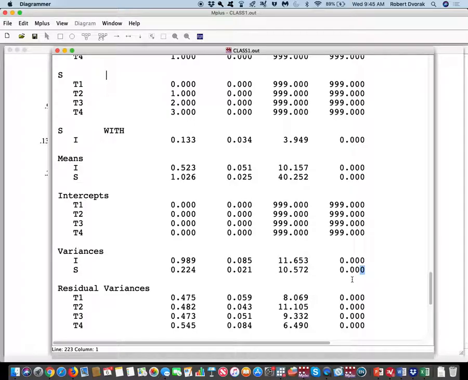So if a person starts at 0.5, their slope is 1.02. If a person starts at 1.5, their slope should be, assuming that our scale is 0, 1, 2, 3, 4, 5, what? Anybody?